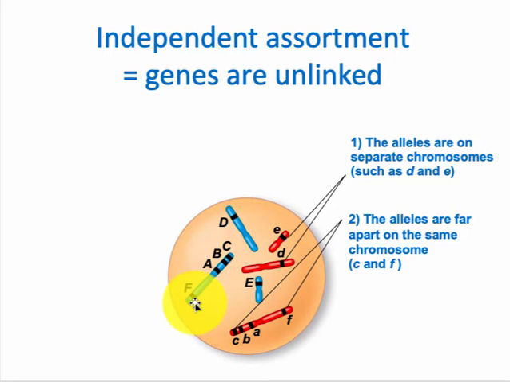When this individual is doing meiosis, the gametes it produces could have this dominant F from this chromosome, and with crossing over, it can be on the same chromosome in the gamete as the recessive C allele from the homologous chromosome. Genes that are located on different chromosomes or on the same chromosome but very far apart would assort independently.